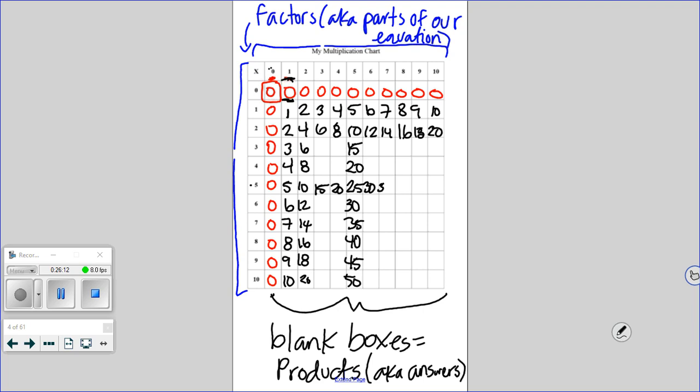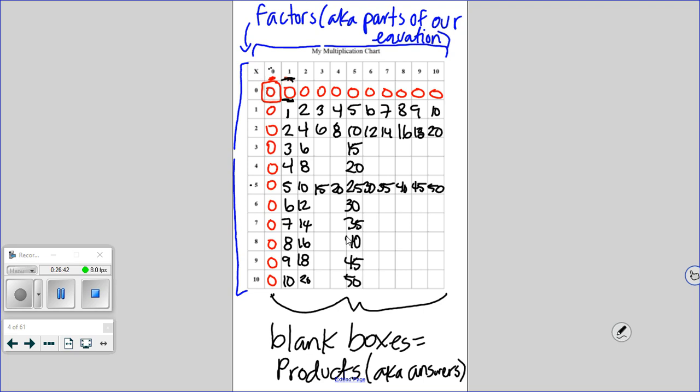Hunter, 8 times 5. 40. William, 9 times 5. 45. Very good. Nick, 10 times 5. 50. Very good. All right, we filled out our 5s.